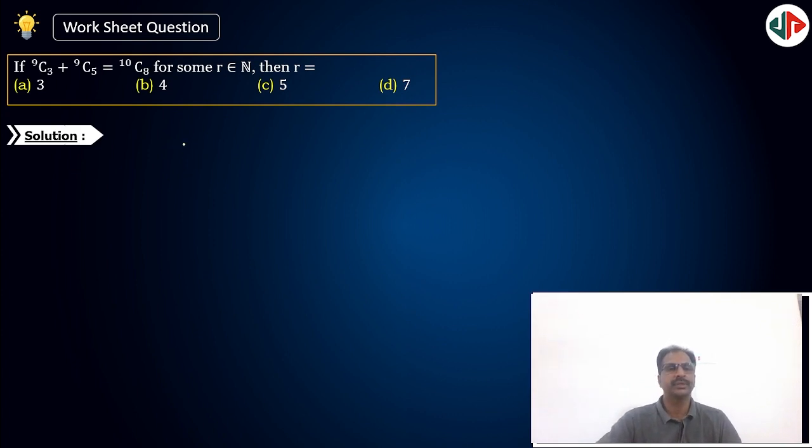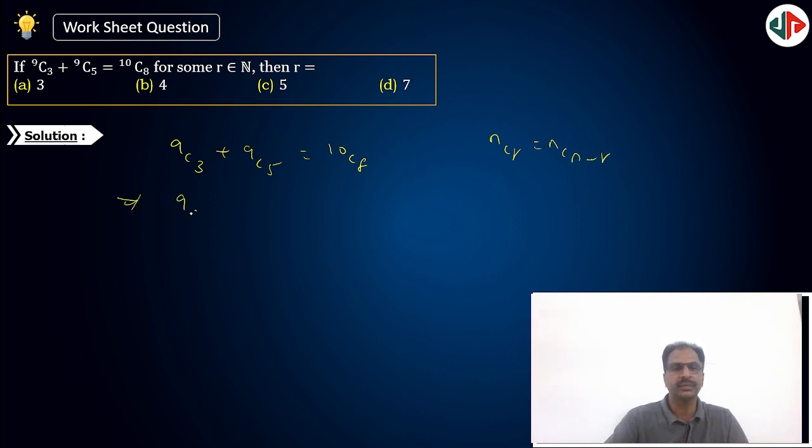9C3 plus 9C5 is equal to 10CR. Then what is R? 9C3 plus 9C5 is equal to 10CR, given. We know that NCR is nothing but NC(N minus R). By using that, 9C3 can be written as 9C6.